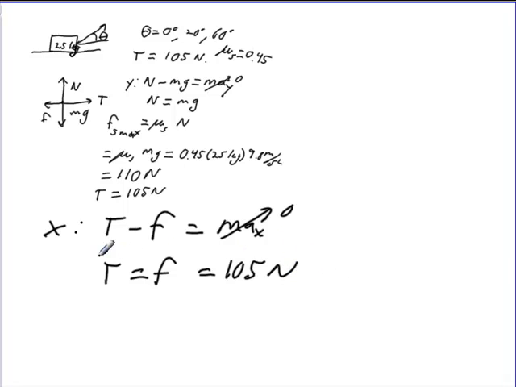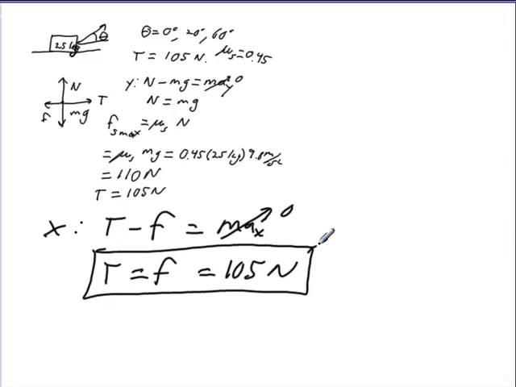And I'm done. So when I pull horizontally, it doesn't move, and the friction is just equal to the tension, 105 newtons.